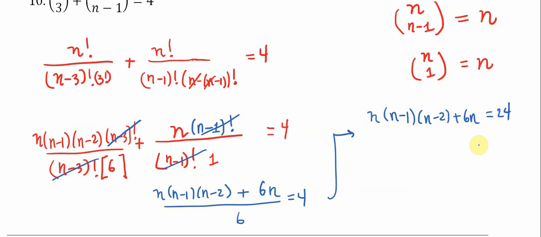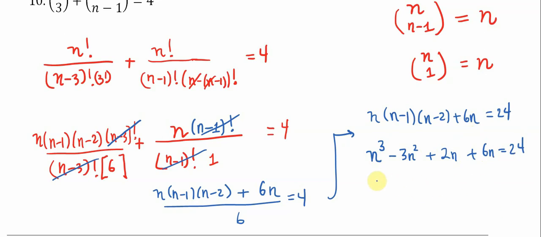And so what we effectively end up with here is a cubic function. If we multiply all of this out, we're going to get n to the third, because you're going to have n times n, which is n squared, and times this n is going to be n to the third, minus 3n squared plus 2n plus this 6n equals 24.